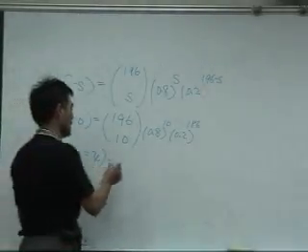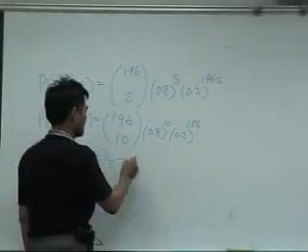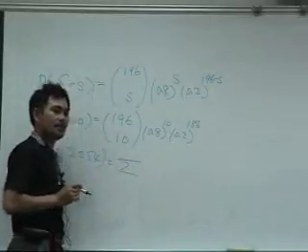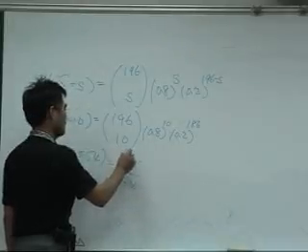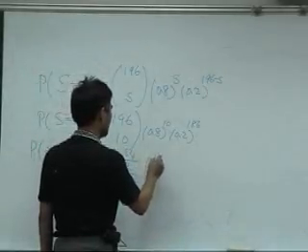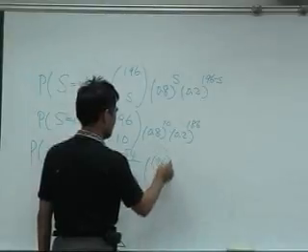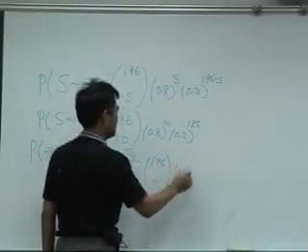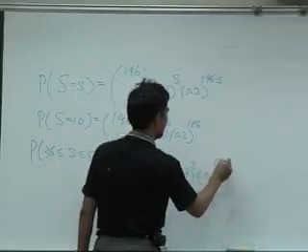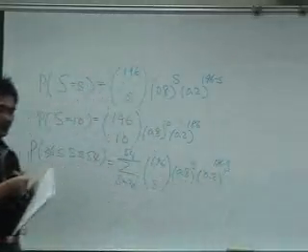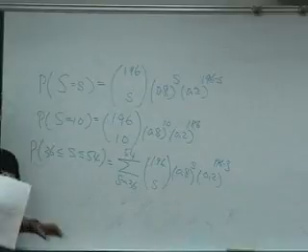So you have several kinds of S. So you have a summation, right? S from 36 to 54. Okay, and then you have 196 choose S and 0.8 to the S power, 0.2 to the 196 minus S power. Okay? Questions?